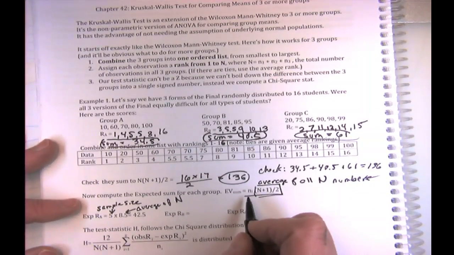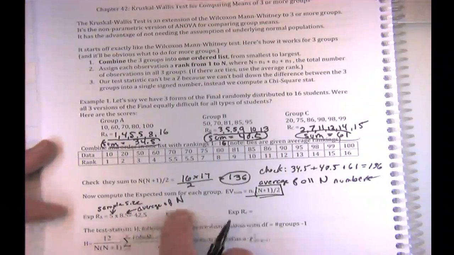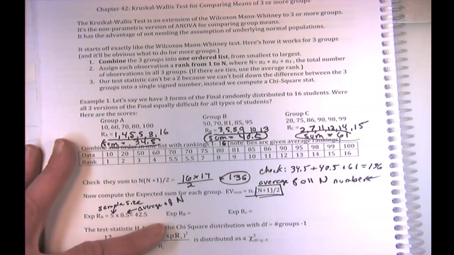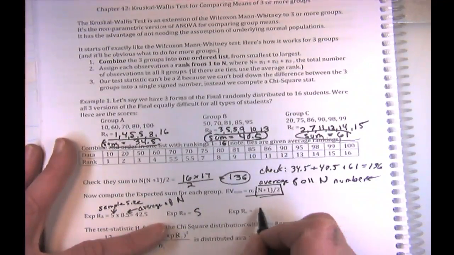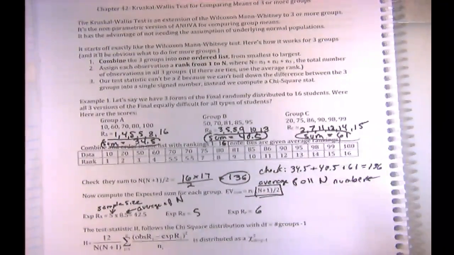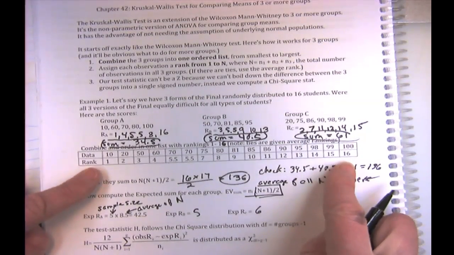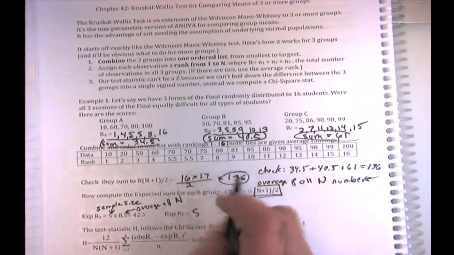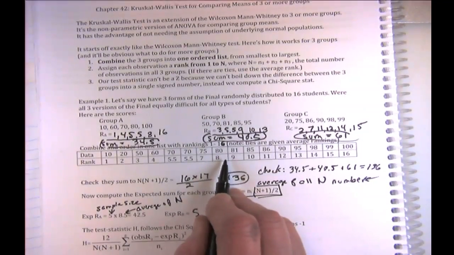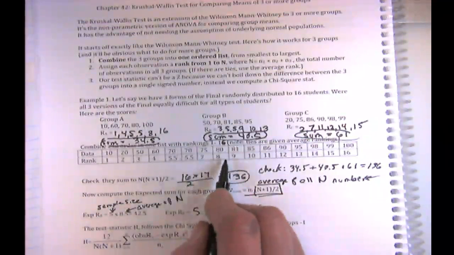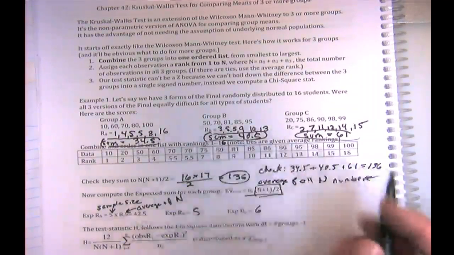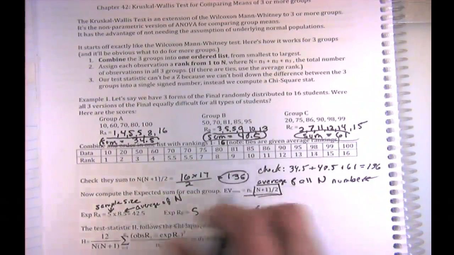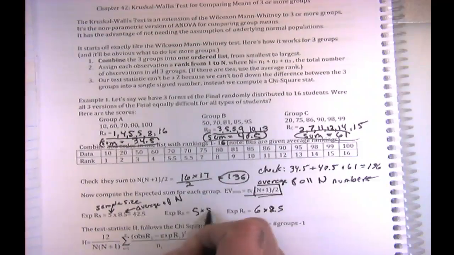You got it? Okay. So we got 42.5 here, and so what's this one going to be? You can write it down for yourself. This is also a sample size of 5. This is a sample size of 6. And the average of the numbers 1 through 16 is, since there's an even set of numbers, not going to be a single number. It's right in the middle, between 8 and 9, 8.5.